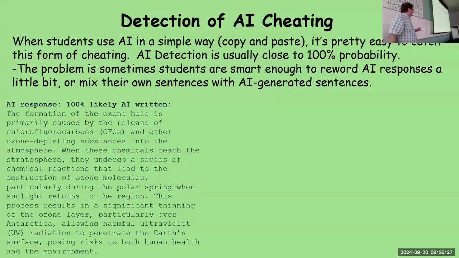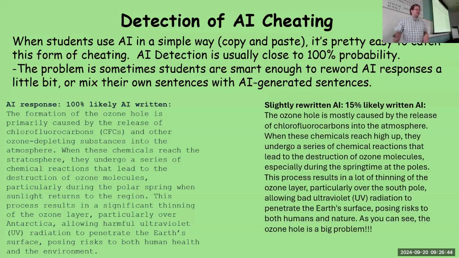And I did this myself. So this is an AI response on the ozone hole, what causes the ozone hole. If you put this into AI checking software, it scores 100% likely written by AI. Then I took this paragraph and rewrote it. I took out some of the terminology, shortened it, rephrased some of the sentences, and added a little human interest sentence at the end.